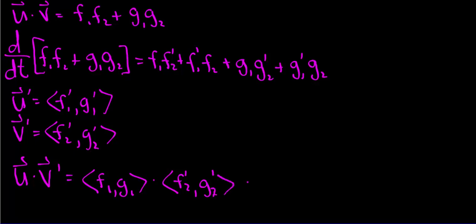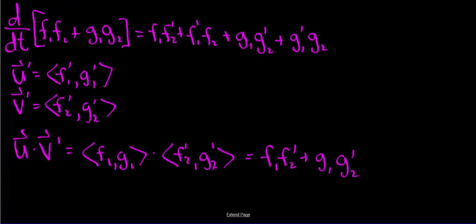Now let's do the dot product. Here it goes: f1 f2 prime plus g1 g2 prime. Okay, that's u dot v prime.